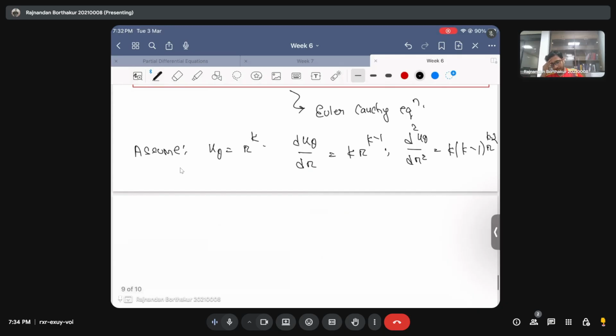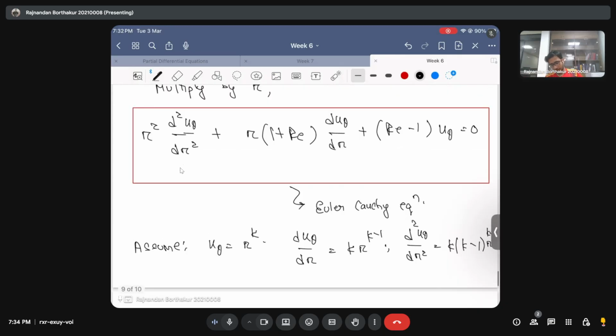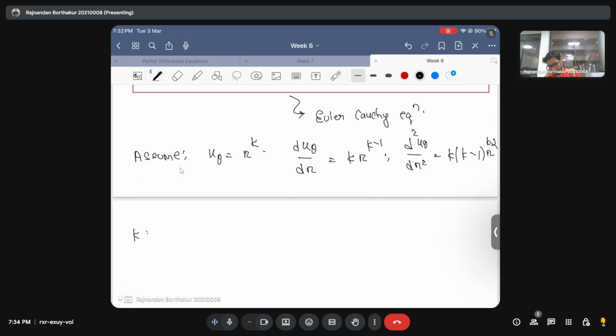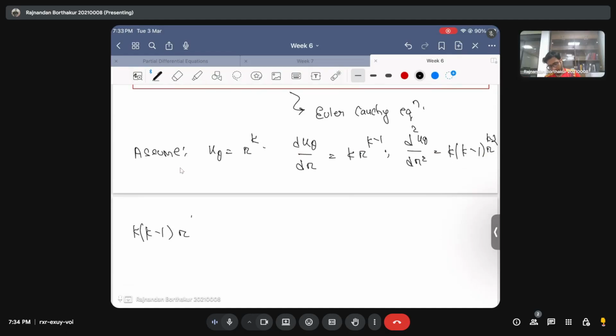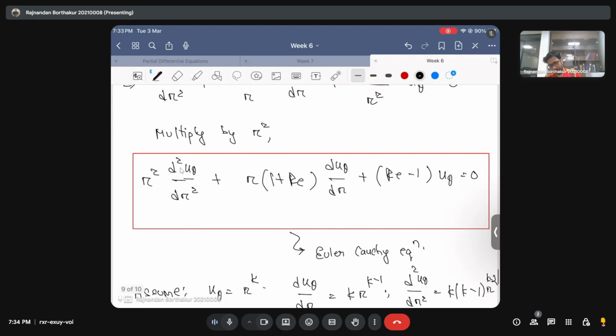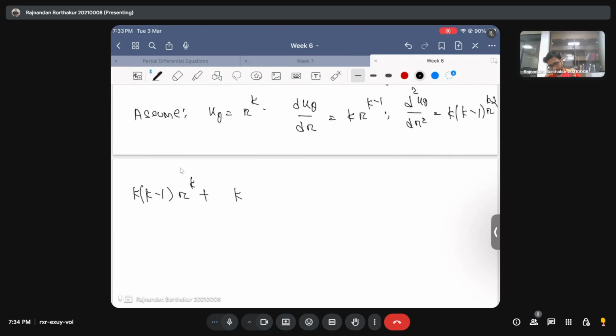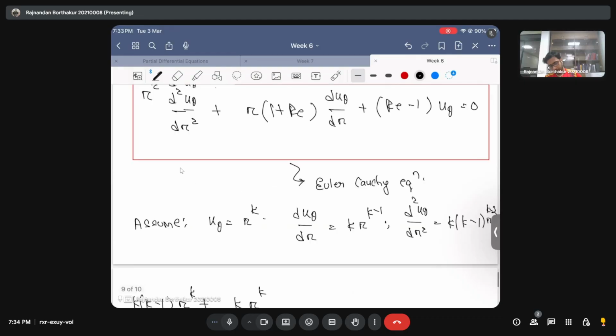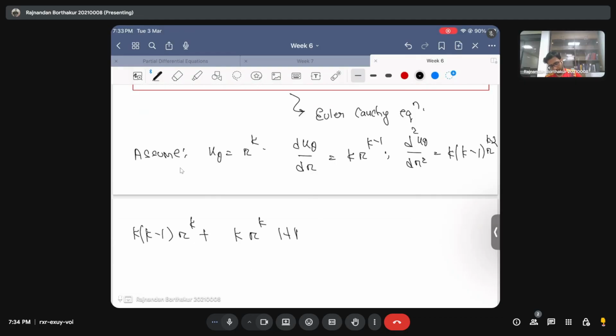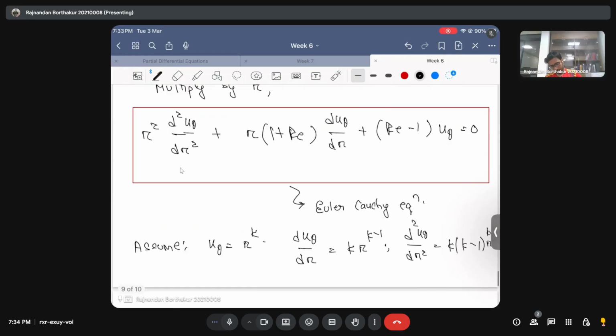And we just substitute it here, which means from the first term I'll get k into k minus 1 times r power k, and from the second term I'll have k times r power k times 1 plus Re.